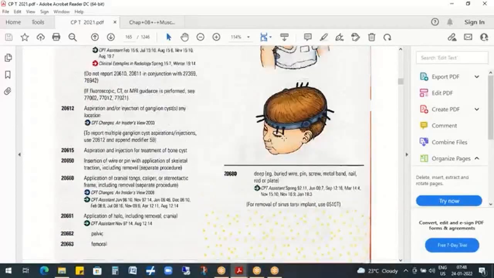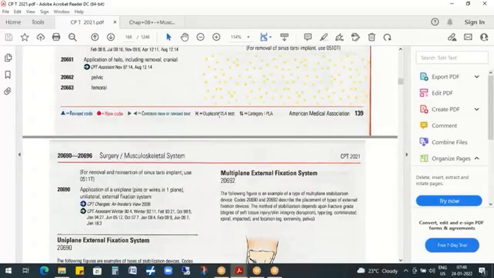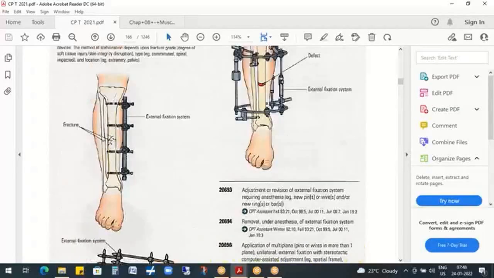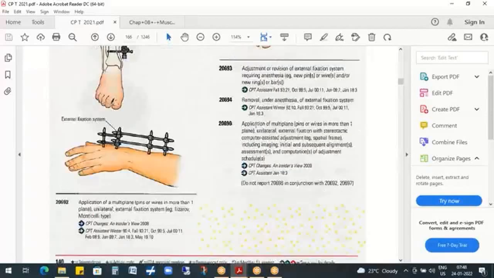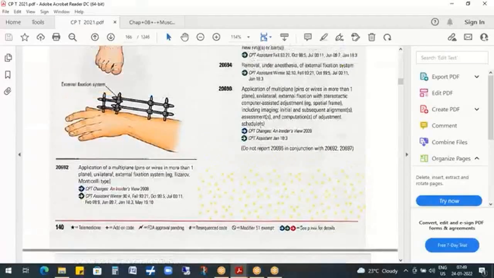In that, mark the codes 20680, 20690, 20692.